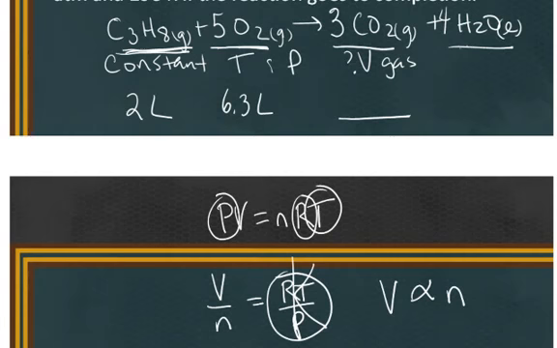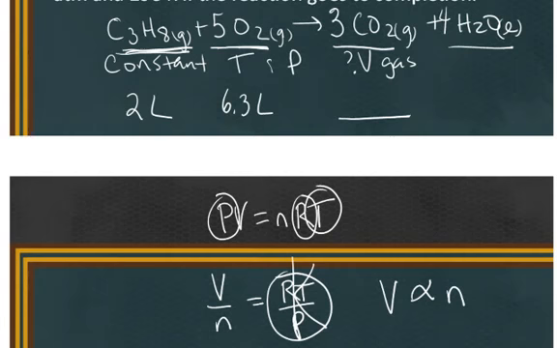We can't do the volume mole ratio for the water because it's a liquid, but that's okay because we don't care about how much water we made. Keeping that in mind, we don't have to convert from moles to liters. We can go straight away and talk about liters.